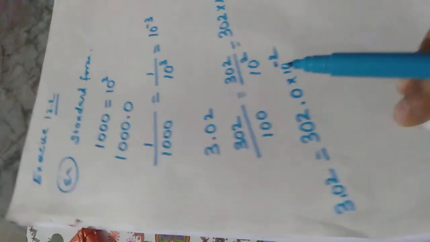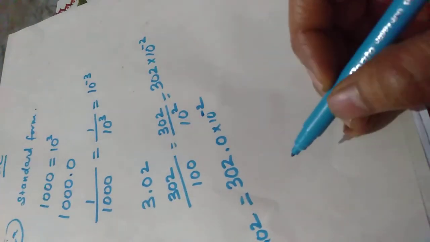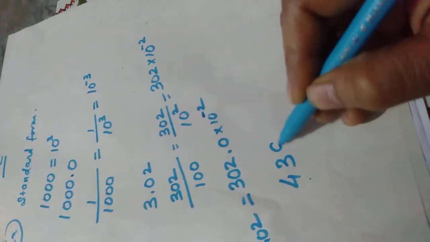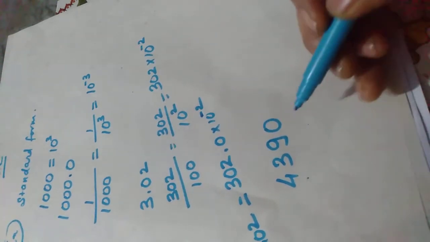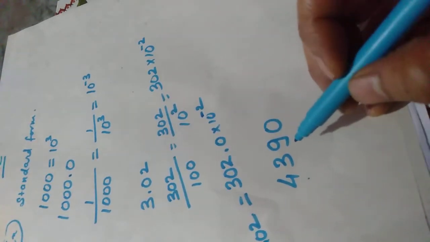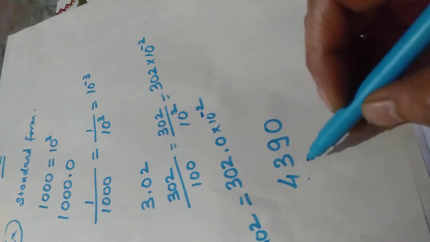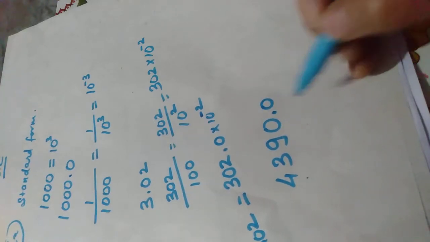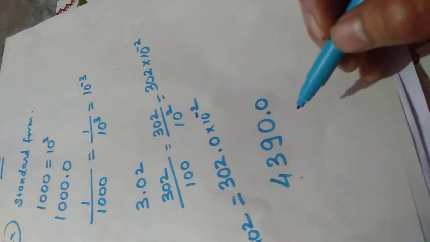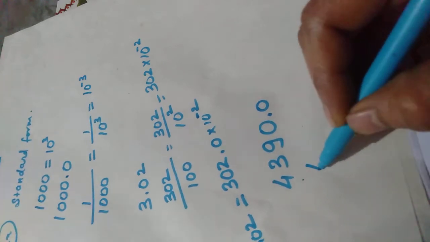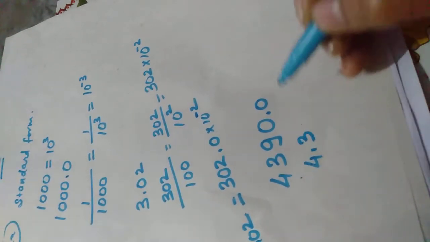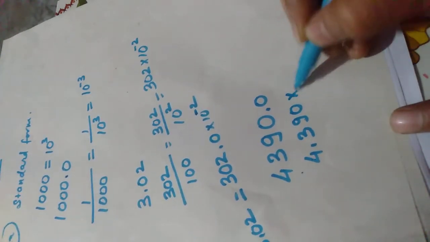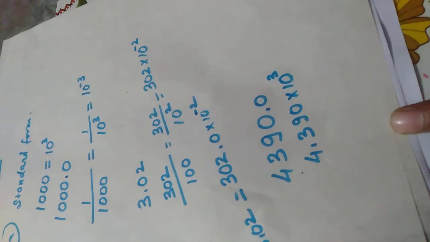Now again see this example, 4,390. If we write this as 4,390.0, now the same number can be written in the form 4.390 into 10 to the power 3.